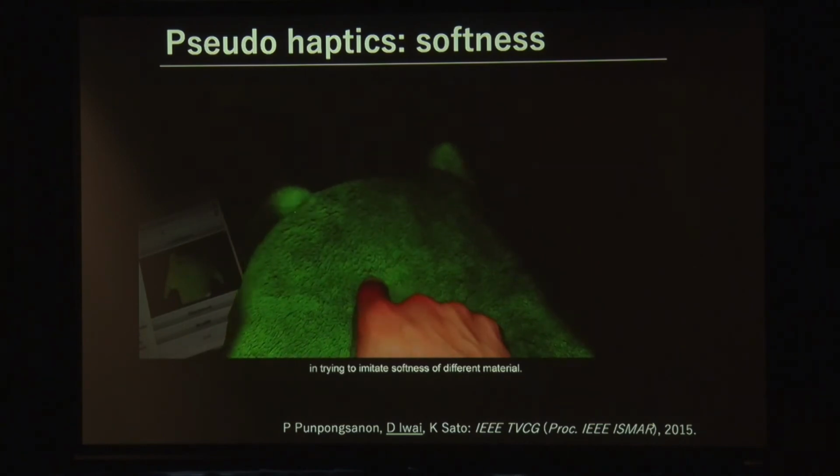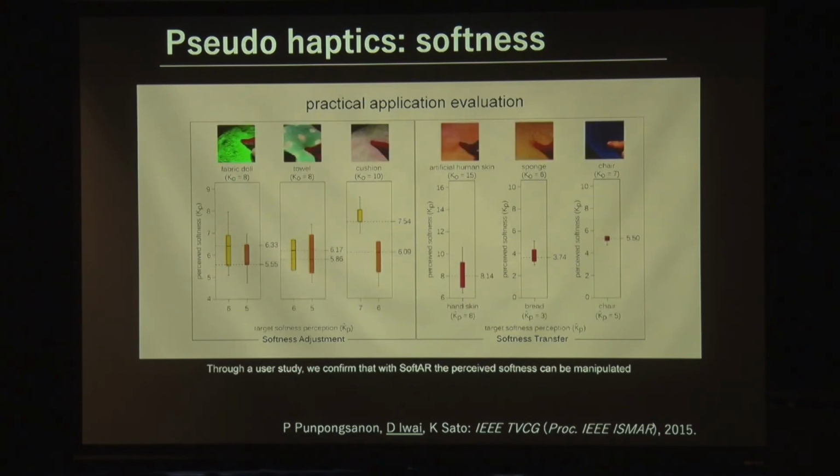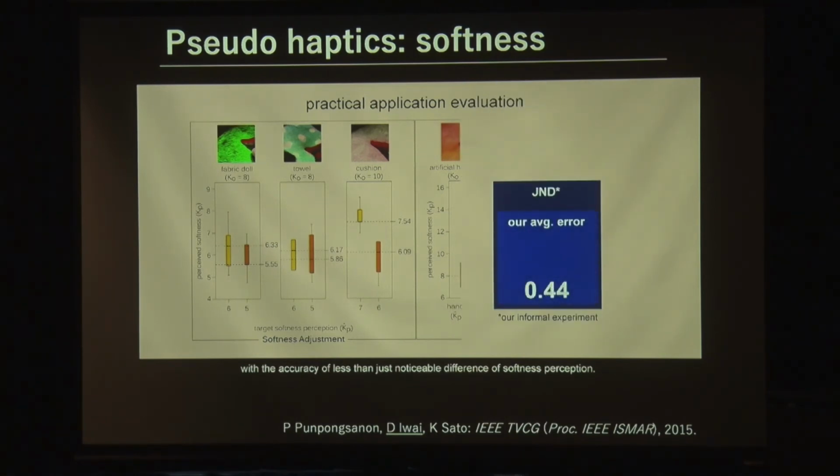We conducted a psychophysical experiment and derived a computational model that can predict how soft the touched object is under our projection mapping. Then we can control the softness of the object without any haptic devices.